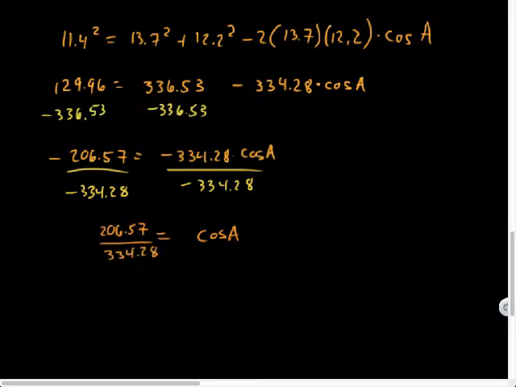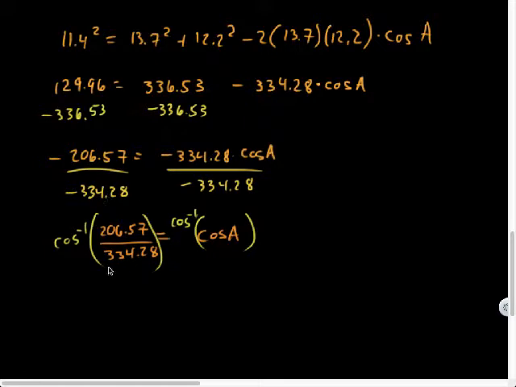And then to get A by itself, I would take cosine inverse of both sides. And one of the things we talked about regarding the domain of cosine inverse, as well as sine inverse, is they only accept values between -1 and +1. So this number has to be between -1 and +1 in order for that to work.